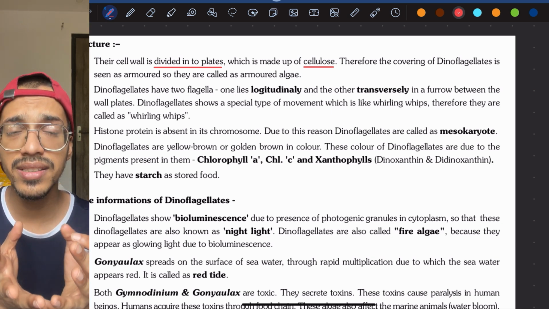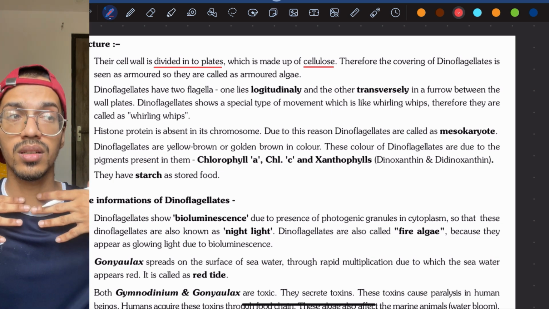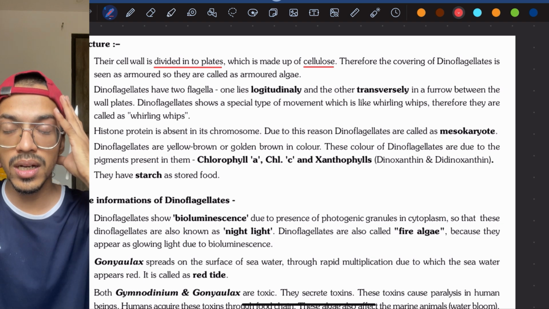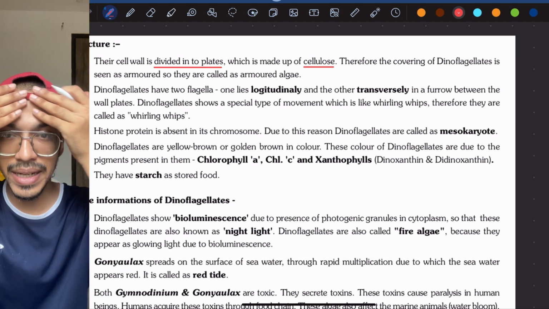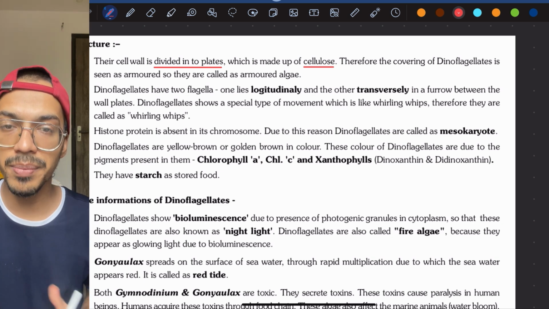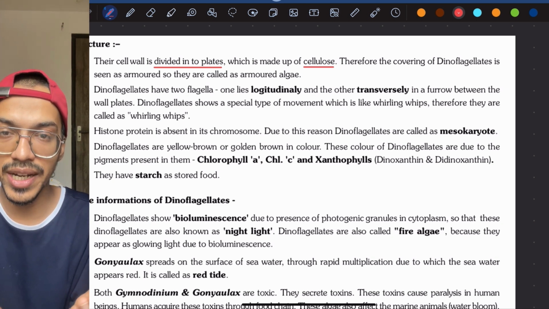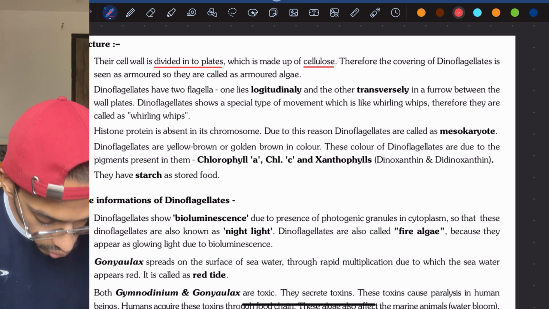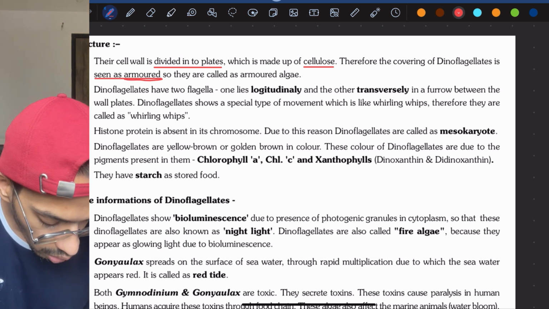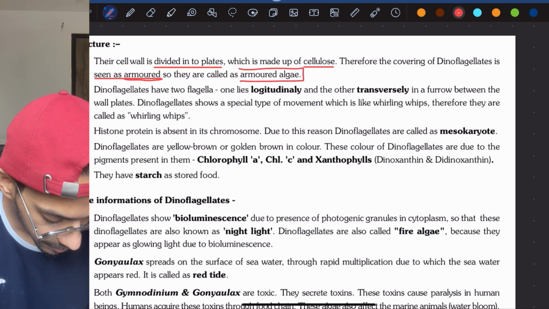In that there is one costume which the kings wear, made up of iron and metal, all covering it up, like certain shells being made up. So those plates appear like armor. So this is also seen as armored, and also called armored algae.